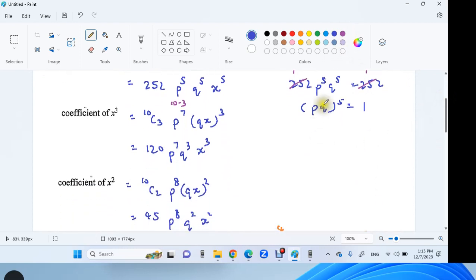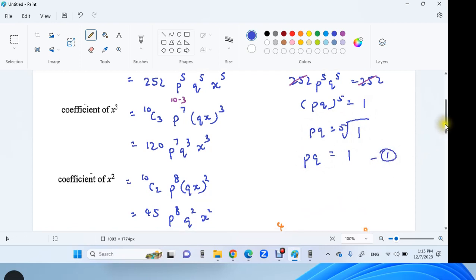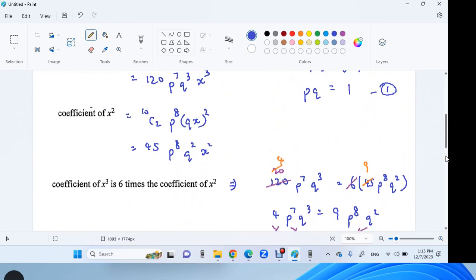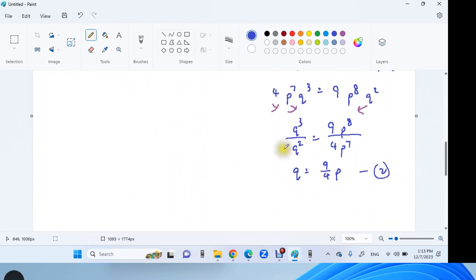And only 1 to the power of 5 is 1, so pq equal to 1. This is my equation number 1, and this one is number 2.